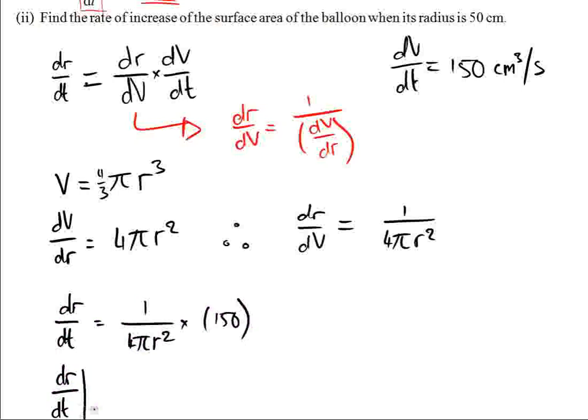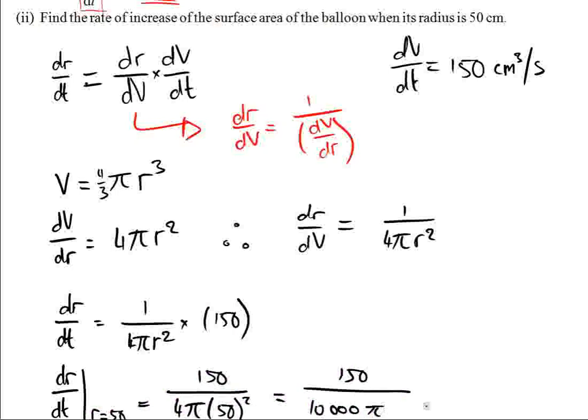So dr by dt, when r is equal to 50, I get 150 over 4 pi 50 squared. 50 squared is 2,500 times 4 is 10,000. So this is 150 over 10,000 pi, which is equal to, I believe, 3 over 200 pi cm per second.